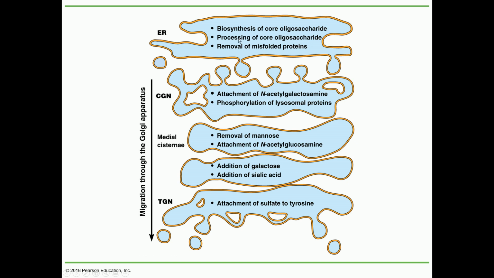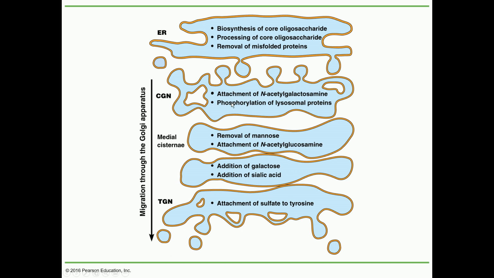After that, these proteins move with the help of vesicles to the CGN, which is the cis Golgi network, and here attachment of N-acetyl glucosamine takes place. The glycosylation process is not complete in the ER, so it continues in the Golgi.